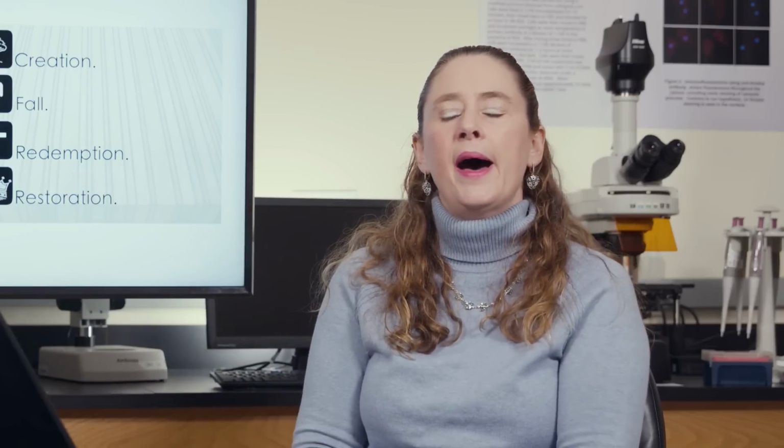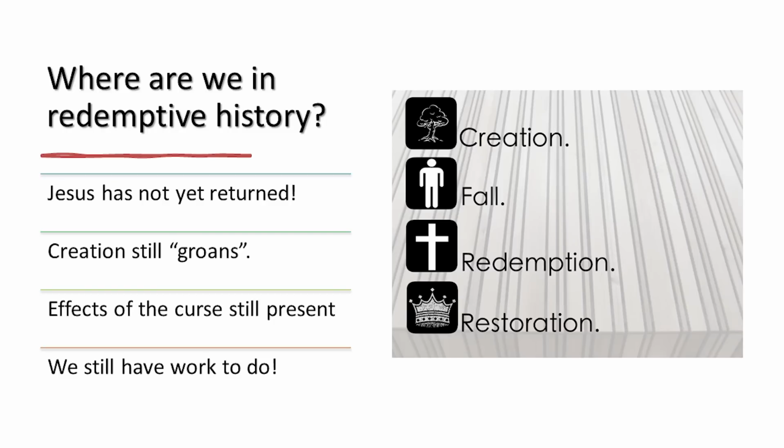So let's go back and look at how the creation story impacts what we just talked about. So we know that in redemptive history, the story God tells us begins with creation. And we talked about how creation was when God pronounced everything good. He called things into existence.